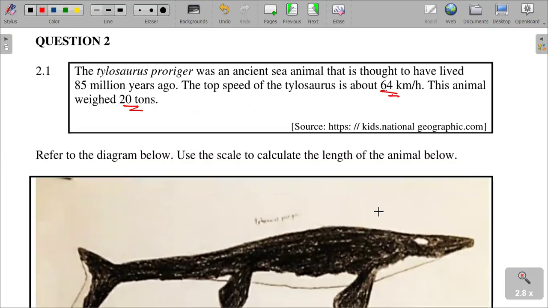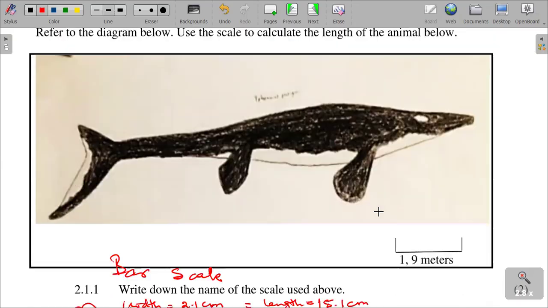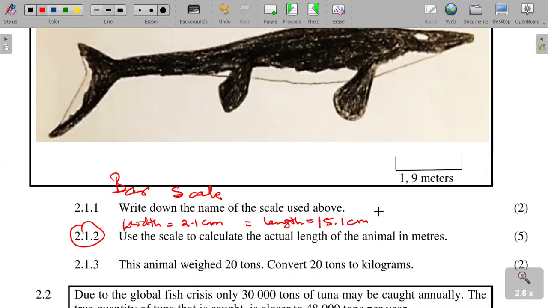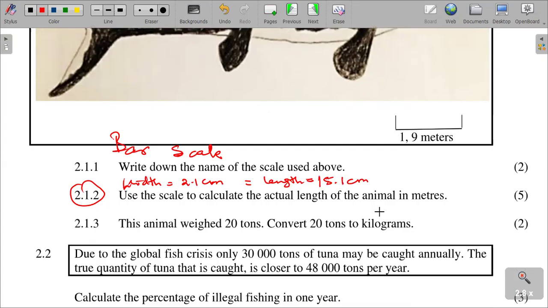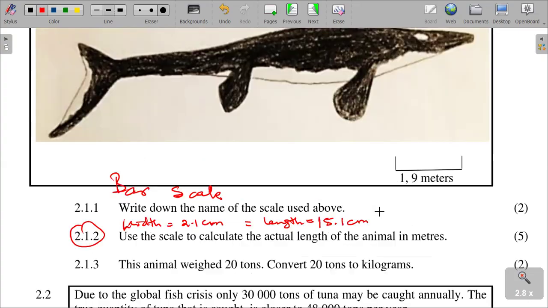As having that, we now need to calculate this in what? You measure those centimeters, and then now we need to use the scale which is given there to calculate the actual length. The scale is 1.9 meters, which is given there.